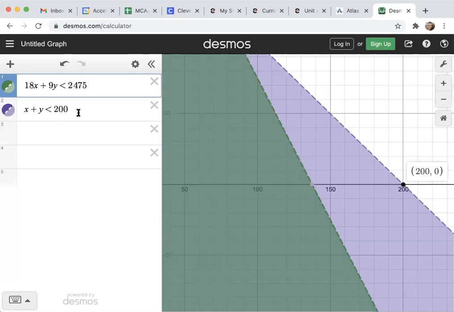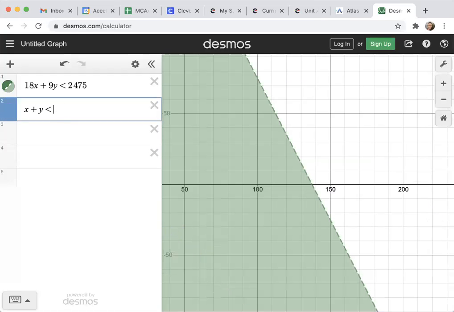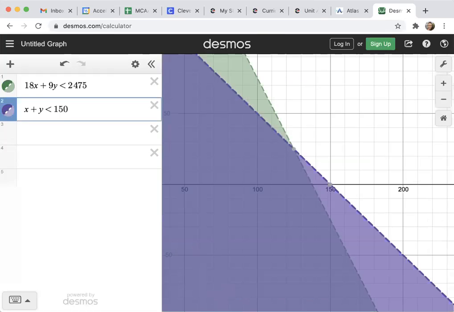So I'm going to change my purple graph to 150 again because it says they can't go over 150 guests. And they're going to raise 5,250.